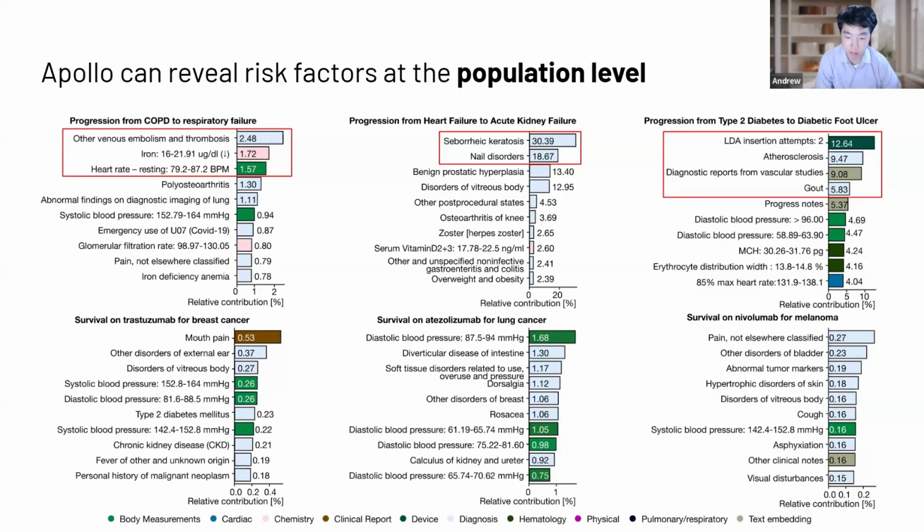And finally, for the progression from type 2 diabetes to diabetic foot ulcer, we see macrovascular biomarkers, including needing multiple insertion attempts for lines, drains, and airways, as well as atherosclerosis and gout. Gout in particular is associated with worse outcomes, or an increased probability of getting a foot ulcer.